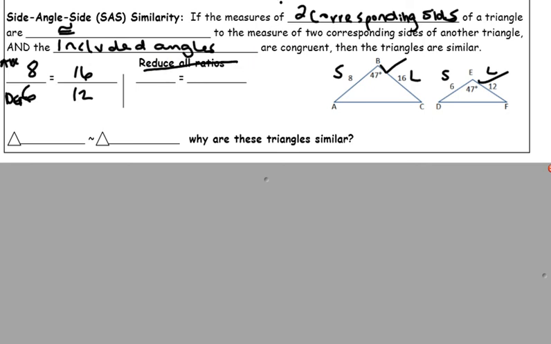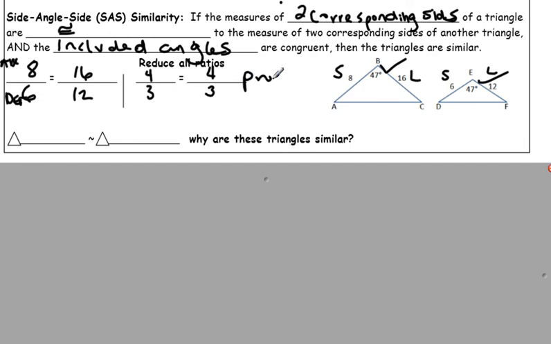Remember, we always want to reduce our ratios. 8 divided by 6, if you put in your calculator and hit math enter, you're going to get a ratio of 4/3, and 16 divided by 12, well, the greatest common factor is 4, and 4 goes into 12 3 times. So we also have 4/3, or you can type in 16 divided by 12 and press math enter.